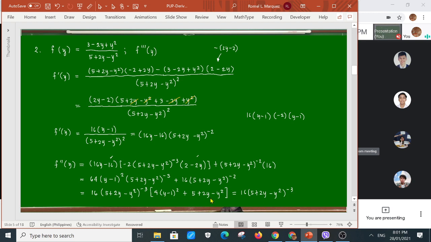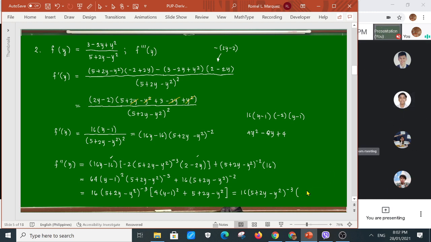What is the expansion? I'll expand this at the side. y squared times 4, minus 2y times 4, that's 8y. Then plus 1 times 4, plus 4. Okay, that can be added here. What's the answer, children? 4y squared minus y squared.